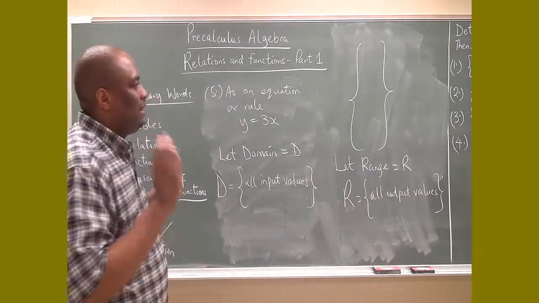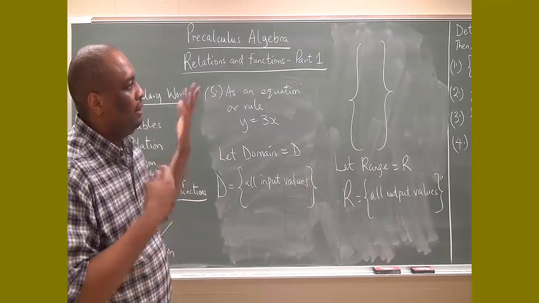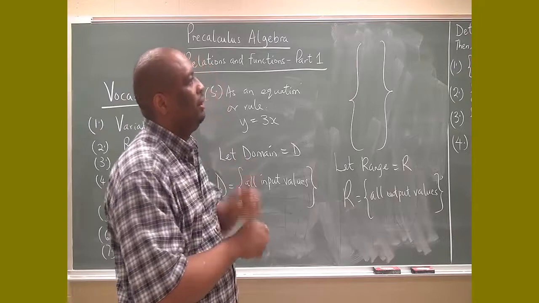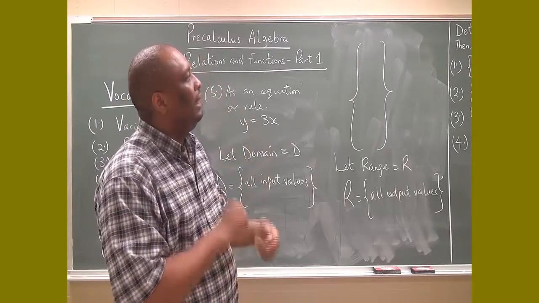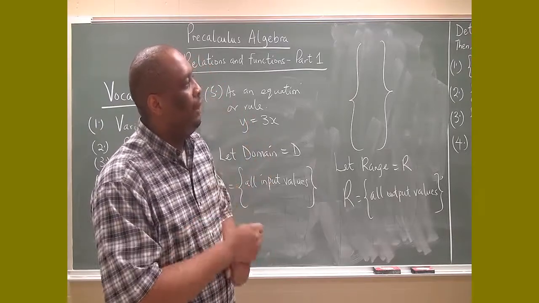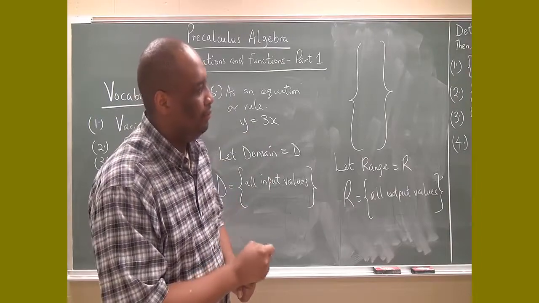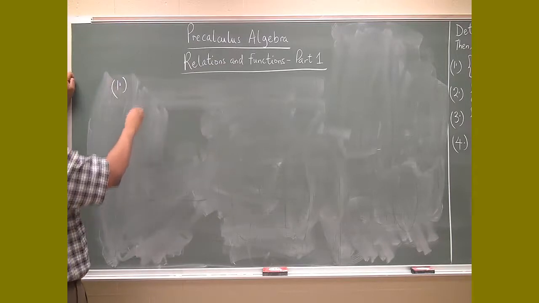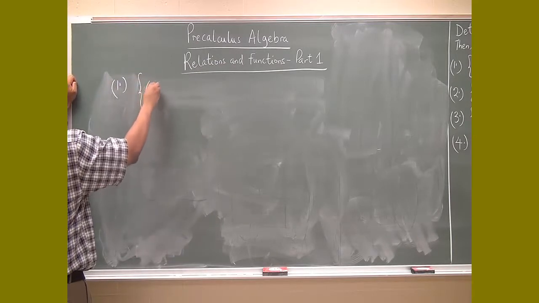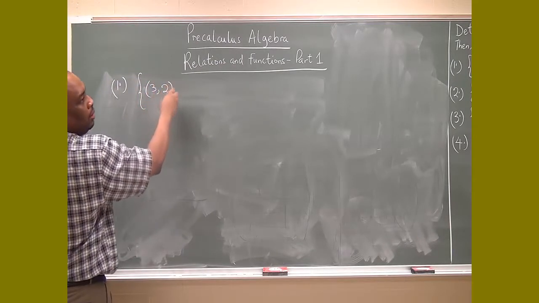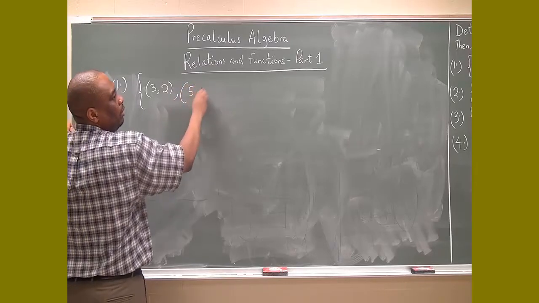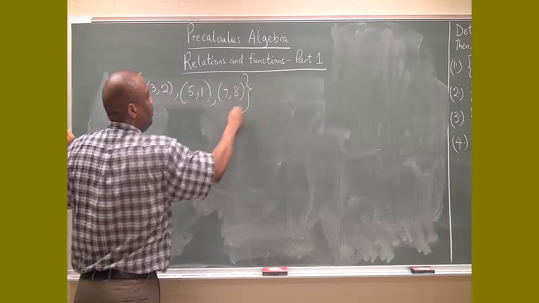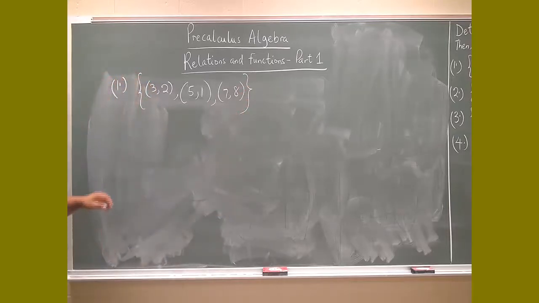All right, let's go ahead and do some questions. The question here says, determine whether each relation is a function, then find the domain and range of each relation. Okay, so question 1, we have the set of (3, 2), (5, 1), (7, 8). Right?